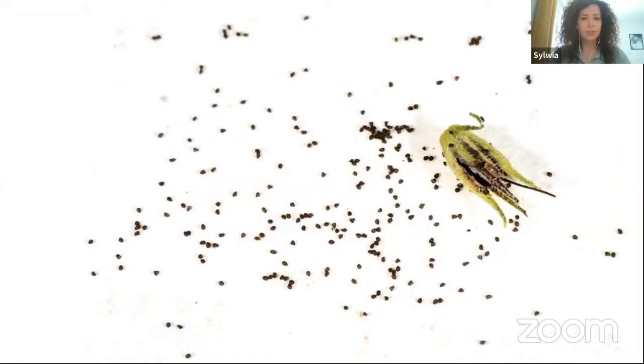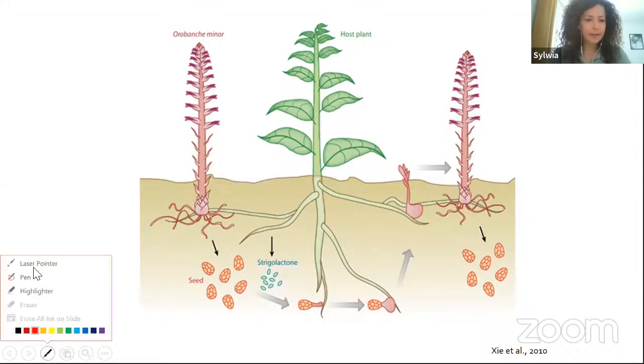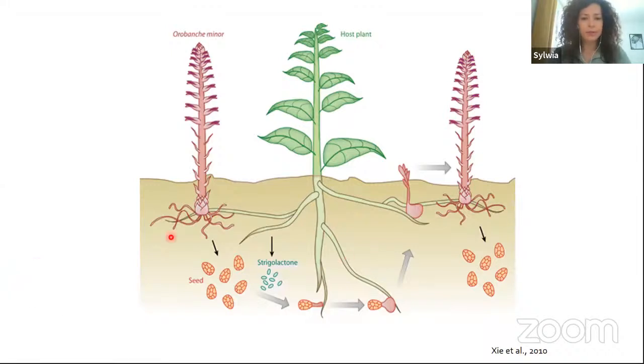So after germination, they need to connect to the host within a few days in order to survive. To do so, they evolved a mechanism to perceive compounds that are secreted from the host plants. And among those compounds, the most studied and best known are strigolactones.